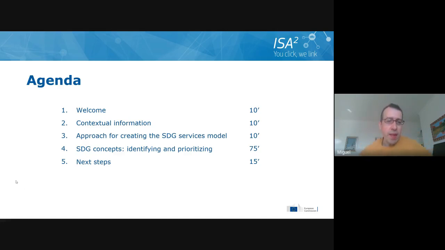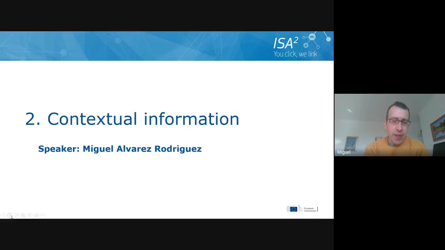So starting with the contextual and background information on this exercise related to the single digital gateway.